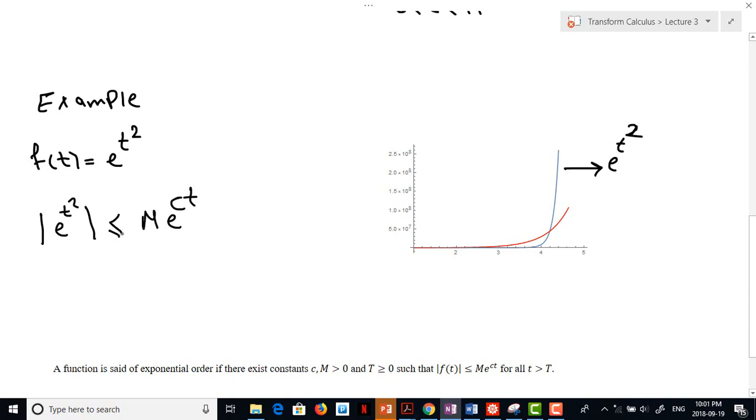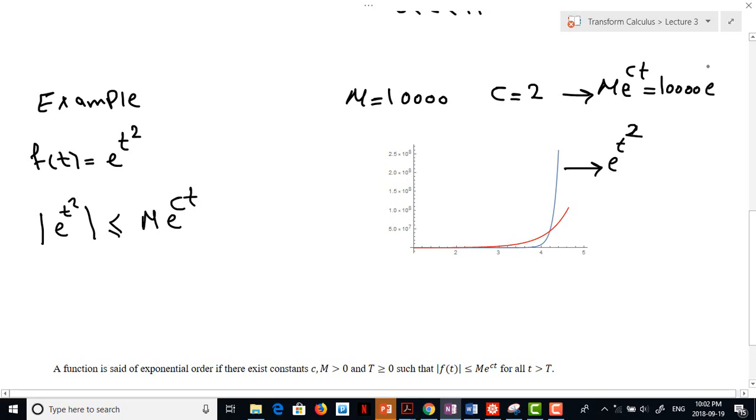So let's say, for example, one of you says, okay, I assume M is equal to 10,000 and c is equal to, let's say, 2. As a result, M times e to the power of ct is equal to 10,000 e to the power of 2t.